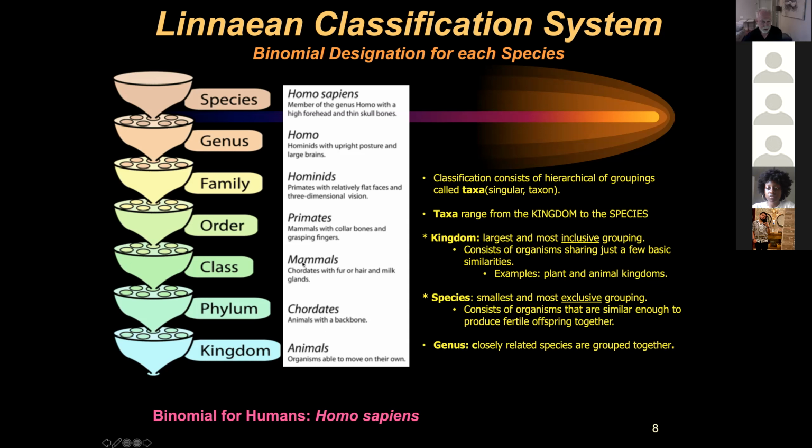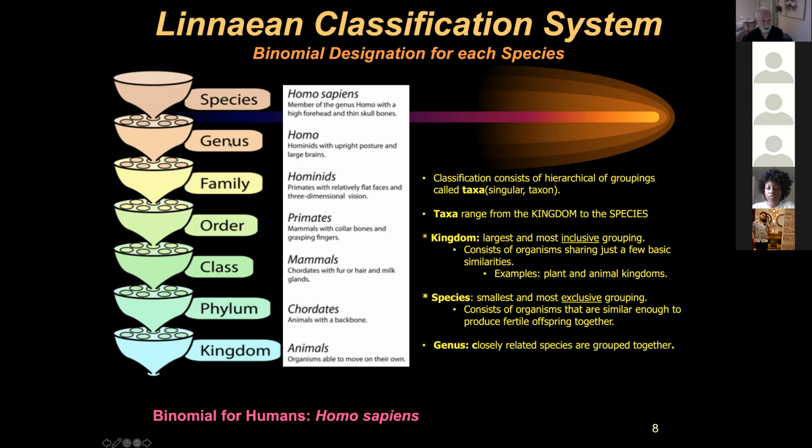The next level, they're mammals, which means chordates that have fur or hair and milk glands. They are primates, which have collarbones and grasping fingers. They're hominids, that's the family level. They have flat faces and three-dimensional vision.